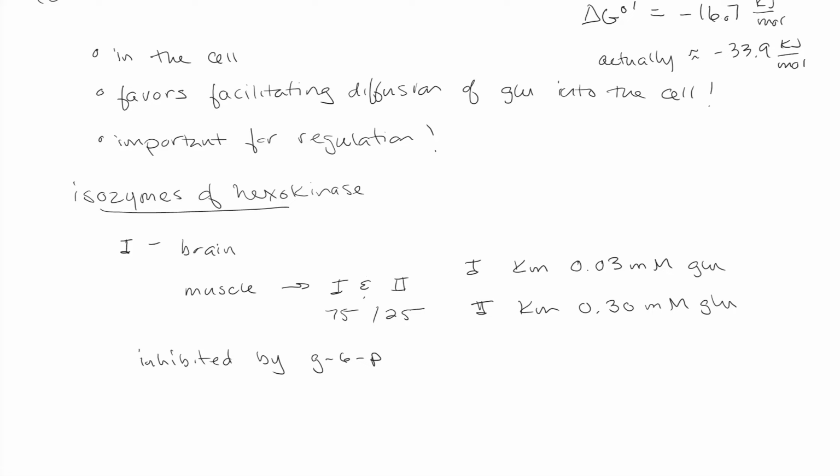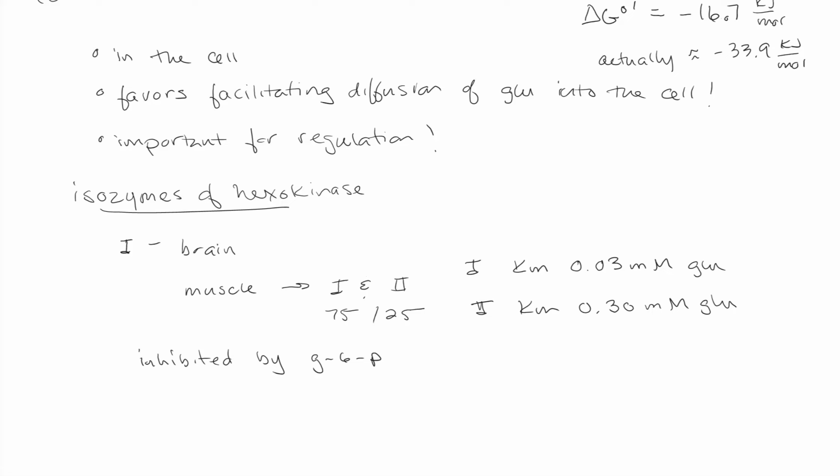Which makes sense, because if we've accrued enough glucose 6-phosphate, we would want to see a downregulation of the enzyme activity. And this downregulation is going to continue until the glucose 6-phosphate has been decreased by subsequent steps of glycolysis, justifying the production of more glucose 6-phosphate.